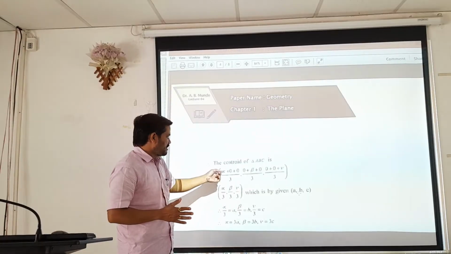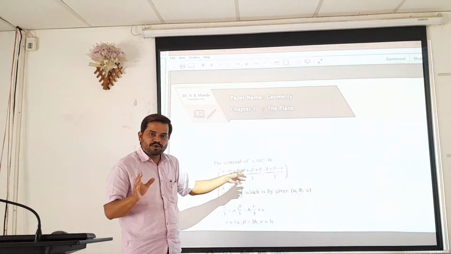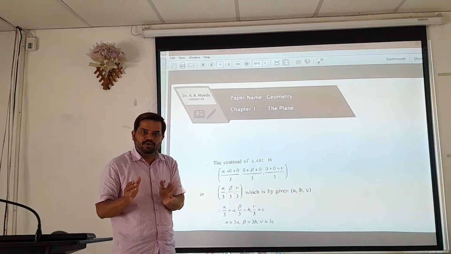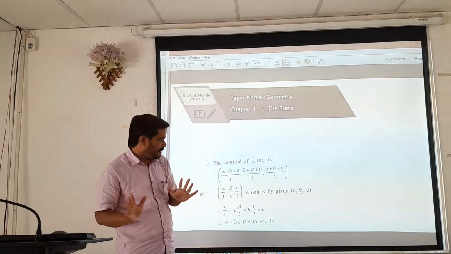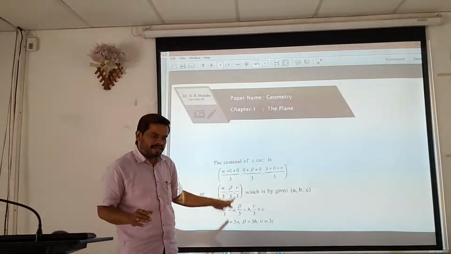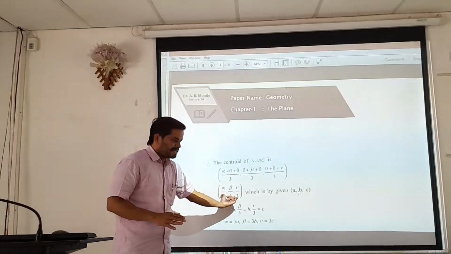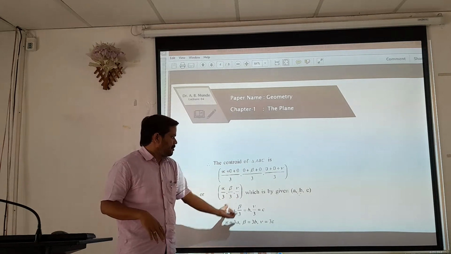So it's (alpha plus 0 plus 0) divided by 3, comma, (0 plus beta plus 0) divided by 3, and (0 plus 0 plus gamma) divided by 3. So the coordinates are alpha by 3, beta by 3 and gamma by 3. Yes? So this is the centroid of triangle ABC.